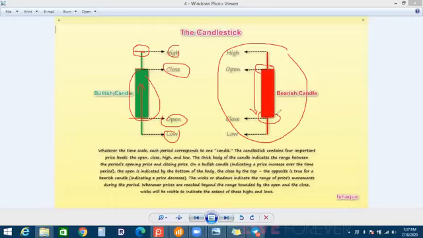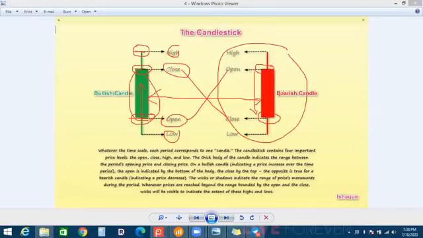With the buyers, the price opens at the bottom and closes in the up direction. That is the main difference. Look at this difference, it is a very important difference. You must understand it. The high and the low are the same, but the open and close are different, and the color is different.